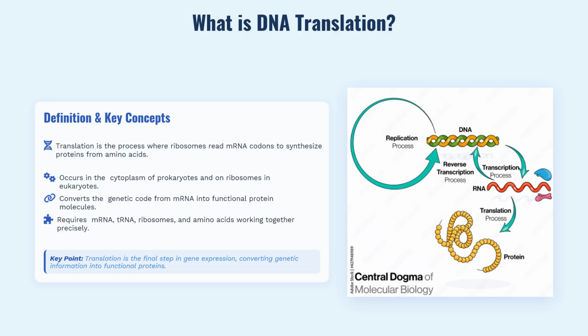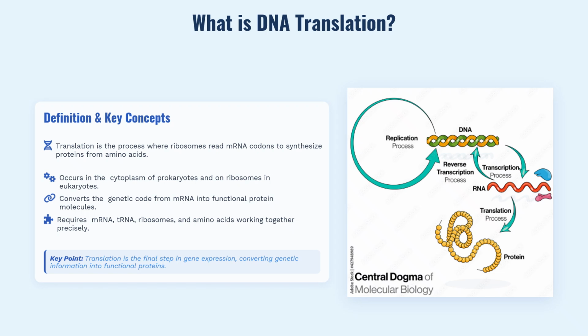Translation is the biological process by which ribosomes synthesize proteins using the genetic information encoded in messenger RNA molecules. The process occurs in the cytoplasm of prokaryotic cells and on the endoplasmic reticulum or free ribosomes in eukaryotic cells.